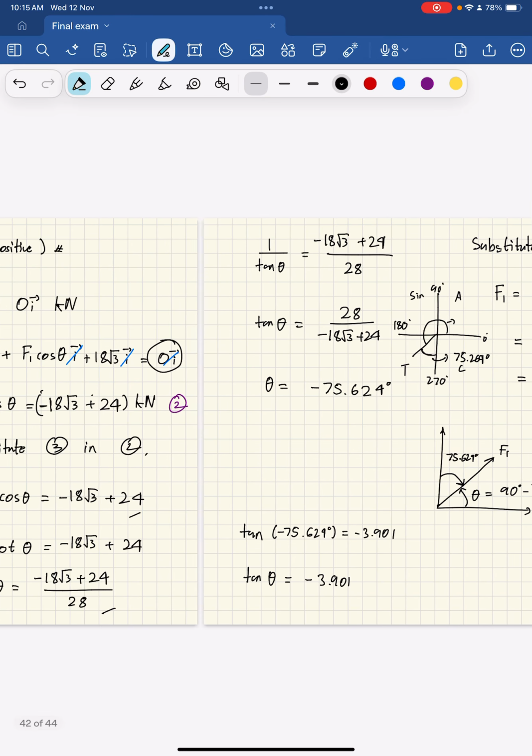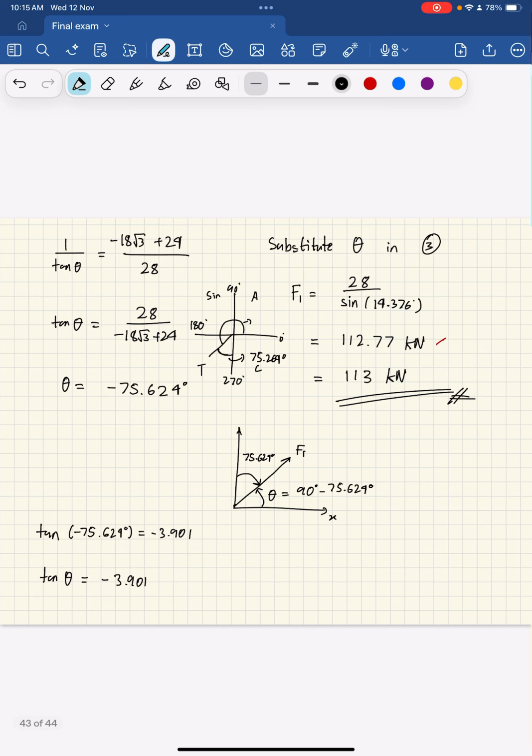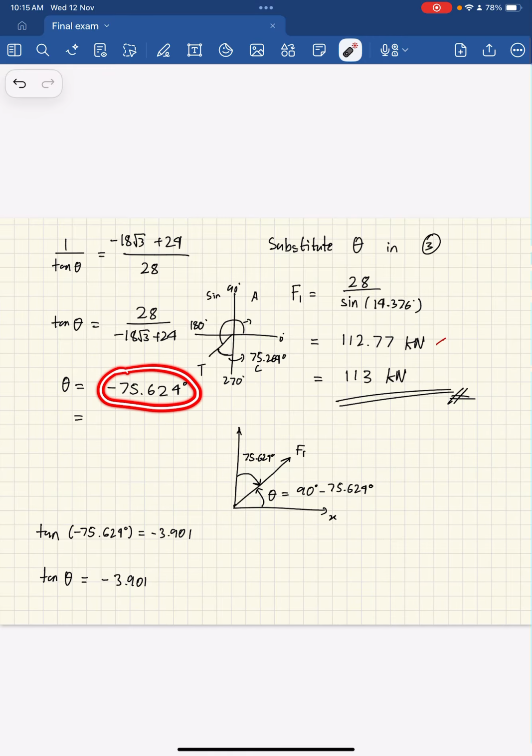But our question wanted to find theta measured counterclockwise from the positive x-axis. So what is the theta actually? Because this theta itself is not really acceptable. So we need to find what the theta is from the positive x-axis.